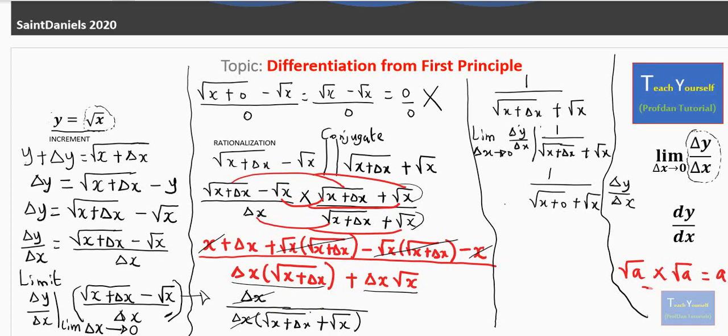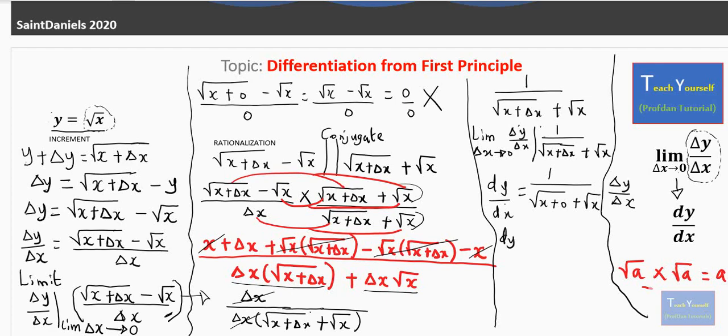Now take note that the limits of the increment of variable y to that of variable x as the increment in x tends to 0 is what we call the differentiation. So that is dy dx. So this is leaving us with dy dx is equal to this.